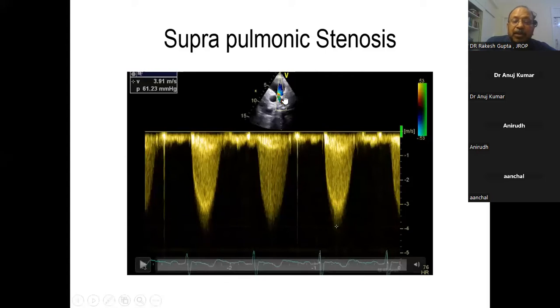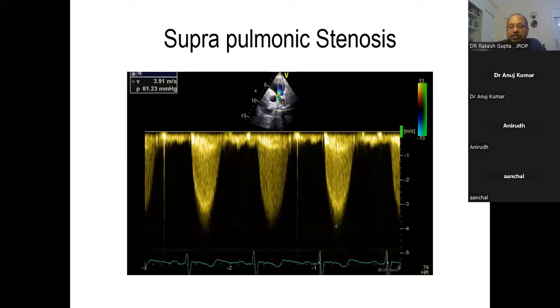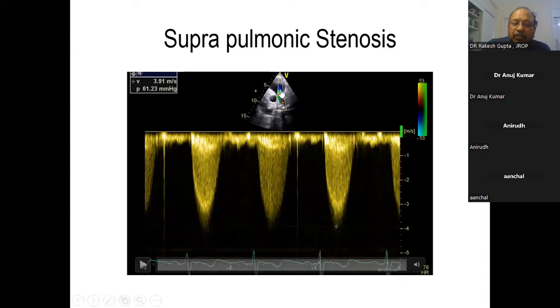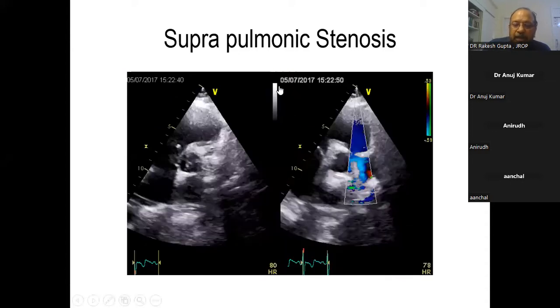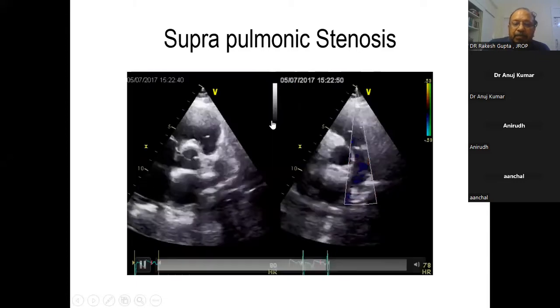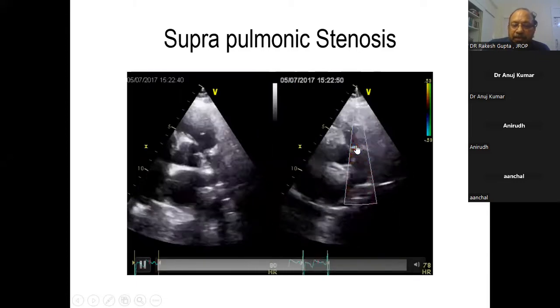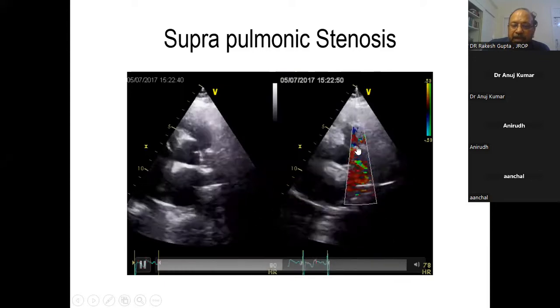And if I put my continuous wave Doppler, I'm going to get a gradient of almost 4 meters per second. Now, if anyone gets up and asks me, how do you really say that this gradient is coming from this point, not from this point? The best answer is to take a pulse wave Doppler spectrum and keep it over here. Move from here to here.